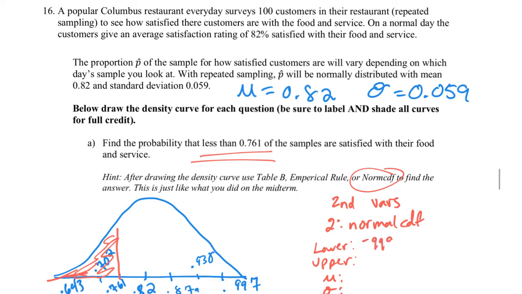For our lower, we would type negative and then 5 nines. Our upper goes to 0.761. Our mean is 0.82, and our deviation is 0.059. So we type that all in and press enter twice.